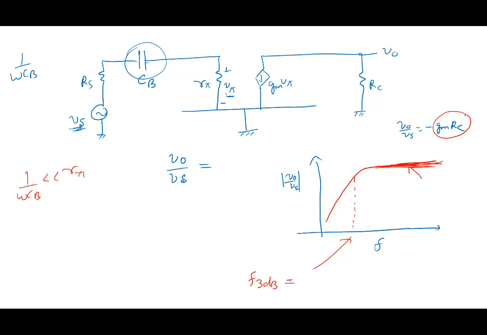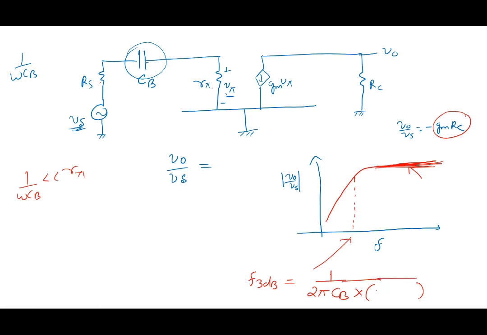How much will it be? One capacitor, 1 over 2 pi CB multiplied by, well, R pi and RS. The resistance seen by this capacitor will be RS plus R pi. And that's it. You found out the 3 dB frequency of this.